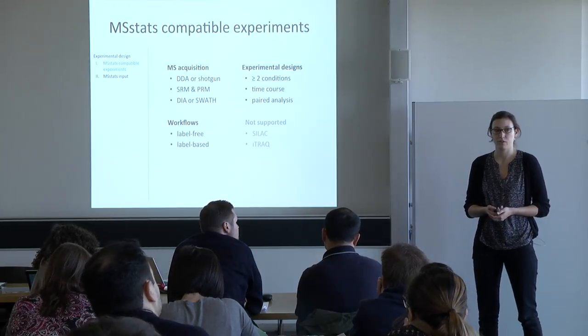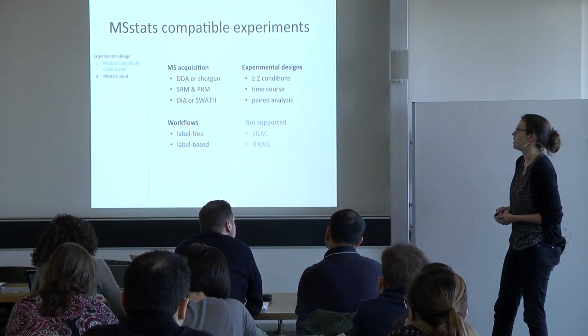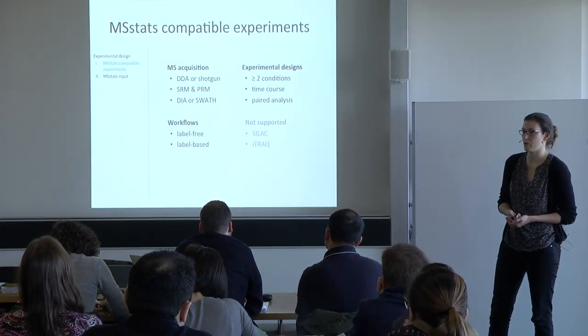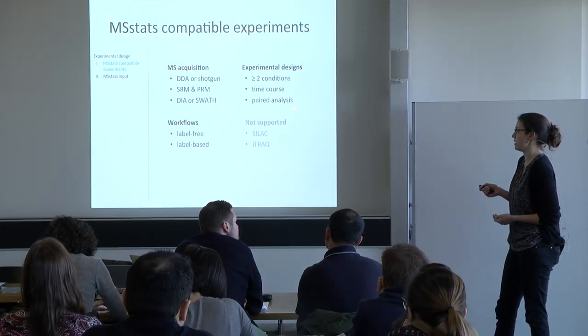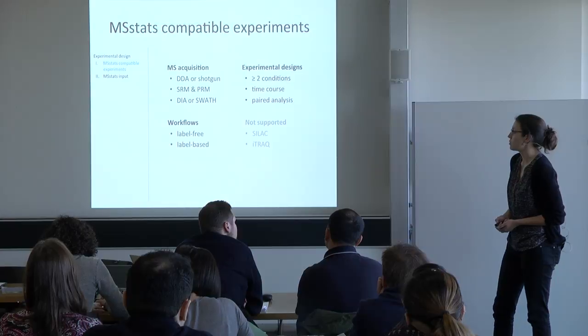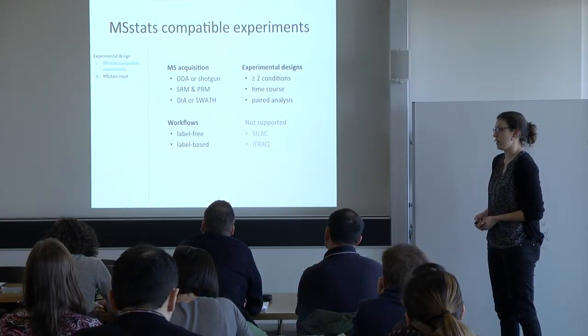So you can have multiple different conditions, you can analyze time course experiments, and also paired analysis is possible. What is currently not supported are multi-labeling experiments, for example, SILAC or iTRAQ, but I think there might be something in development and maybe released in the next couple of months or years.